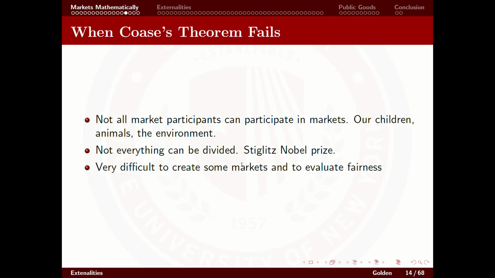This is an interesting thing. Joseph Stiglitz made a comment about Coase's theorem. A friend of his had been a big believer in Coase's theorem, and then two other friends of his were credited for a contribution that this friend made. And Stiglitz made the comment, why don't you just give this friend a bit of the Nobel?